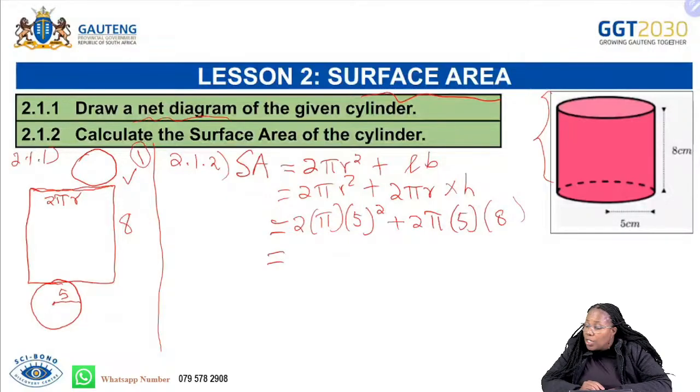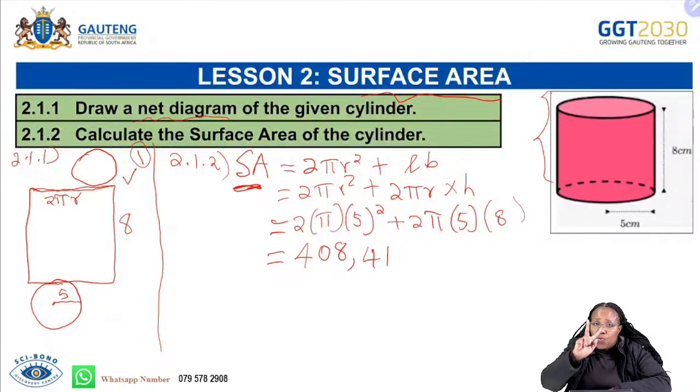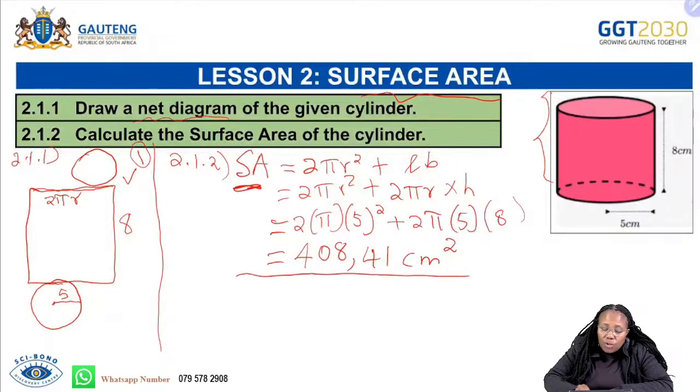And then now straight into your calculator, grade 12, to the answer, that is 40408,41. This is an area, therefore it's a square unit. It is flat, it's two-dimensional. Then it will be in centimeters squared. Area is two-dimensional.